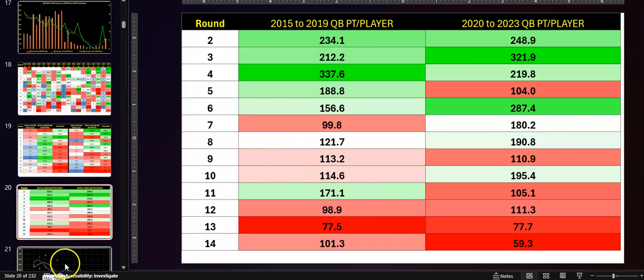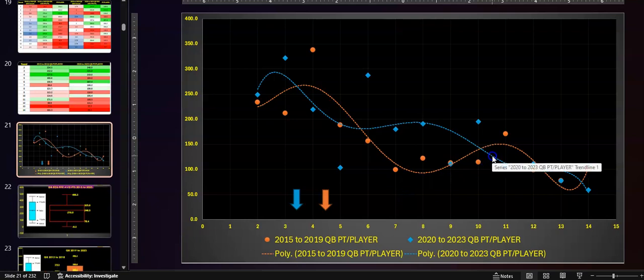So if we look at this data, I divided into 2 blocks over the 9 years, and we get trend lines. The blue is the last 4 years, 20, 21, 22. The orange, the last 5 years preceding. If you look at the blue, it is clear that the quarterbacks are declining after round 3.